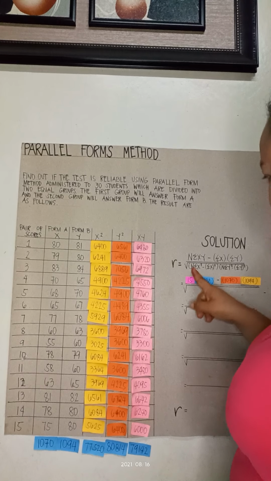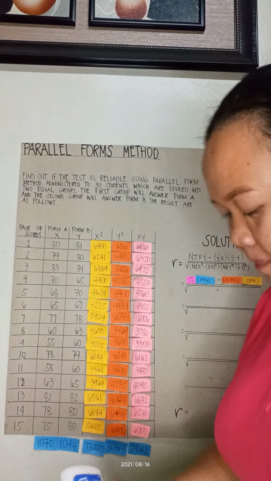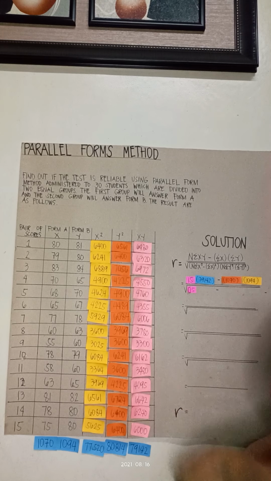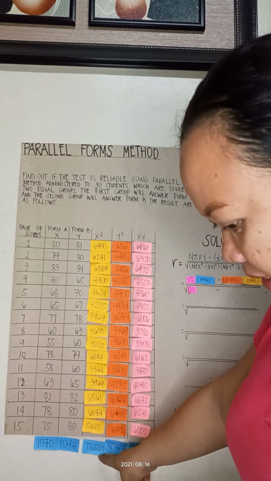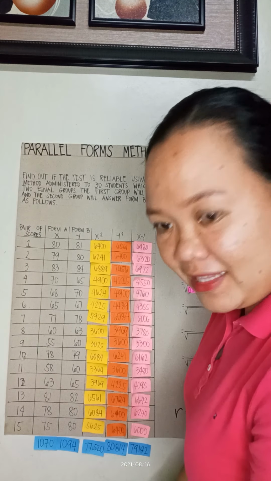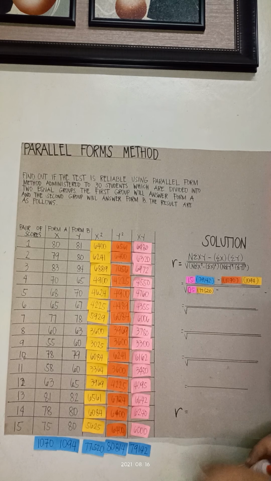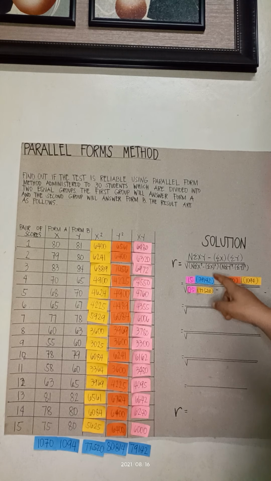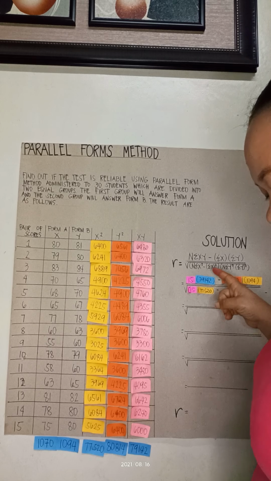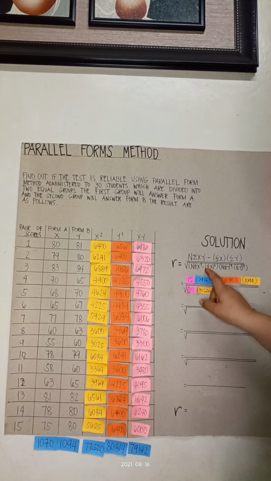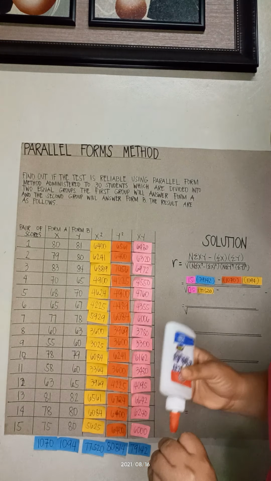Next is n, which is 15, times the summation of x squared, which is 77,520, minus the summation of x squared, meaning the summation of x, which is 1,070, squared.